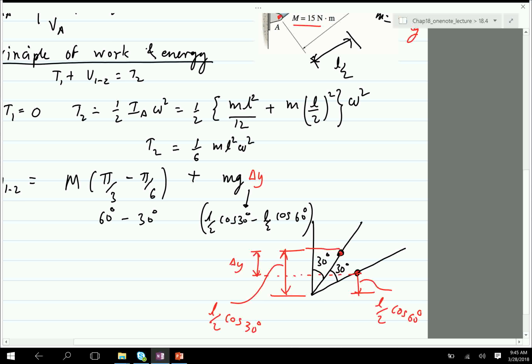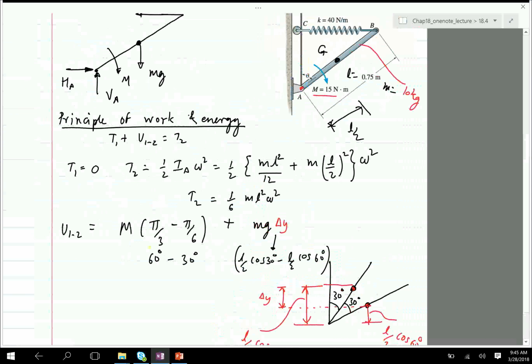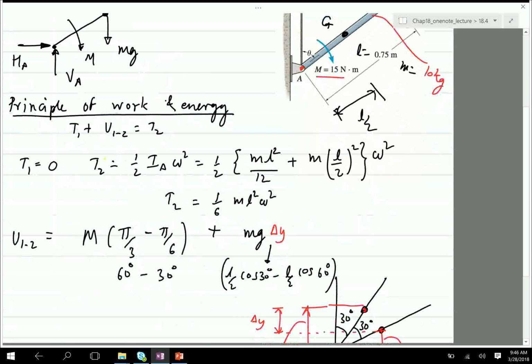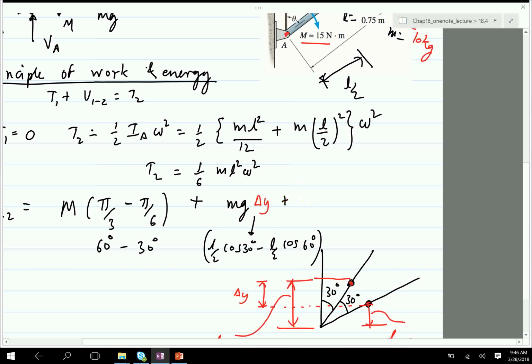And the final part is due to the spring force, K delta X, plus the work done due to spring force. Is it negative or positive? I think it's always negative, right?